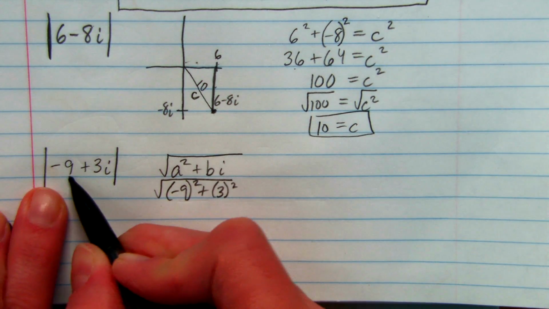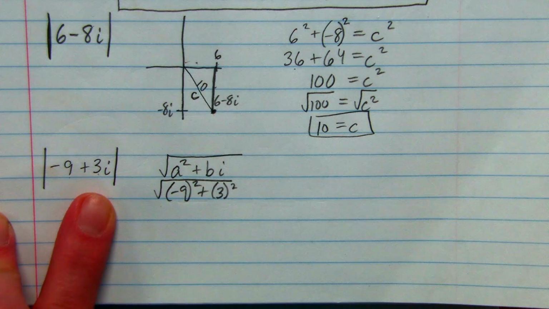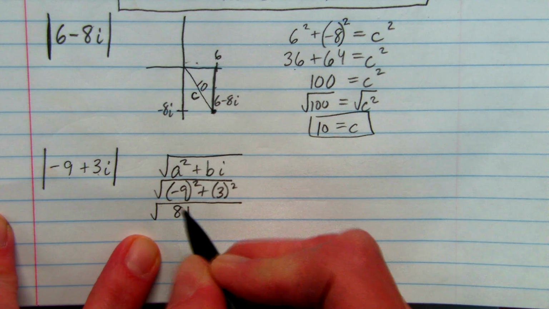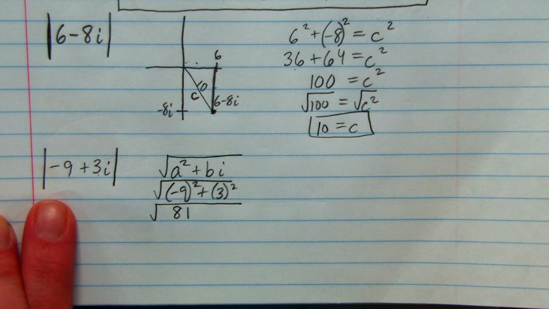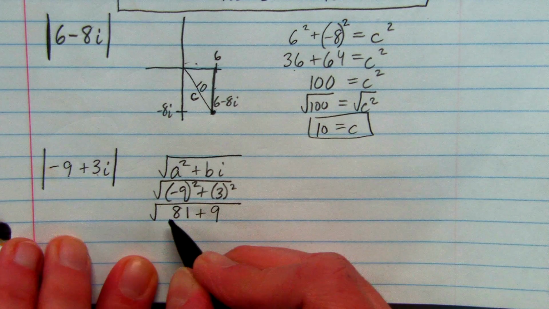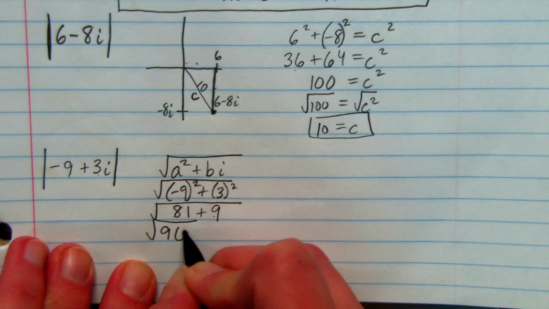So you're just taking the number here and your coefficient here. We don't put the i's in there at all, which is nice. So negative 9 times negative 9 is still 81. And you could actually just put in 9 there if that bothers you, because it's going to come up positive anyway. And then 3 squared is 9. So 81 plus 9 gives me the square root of 90.